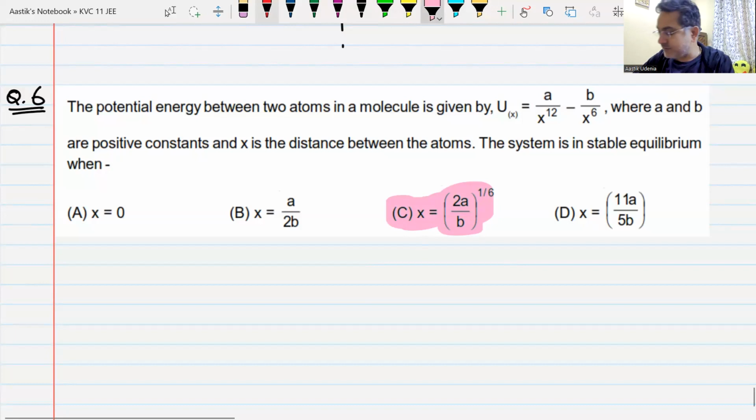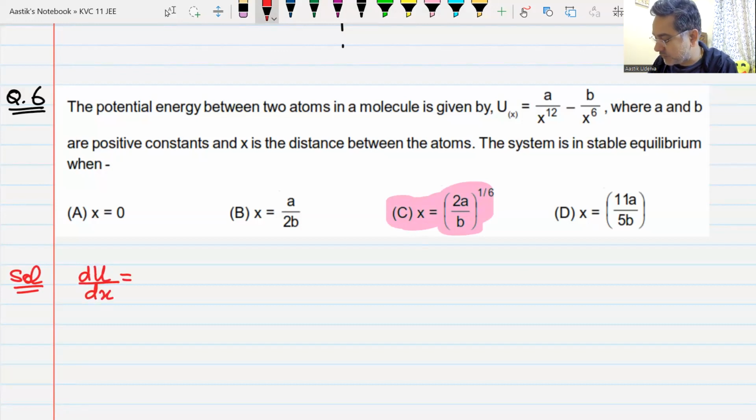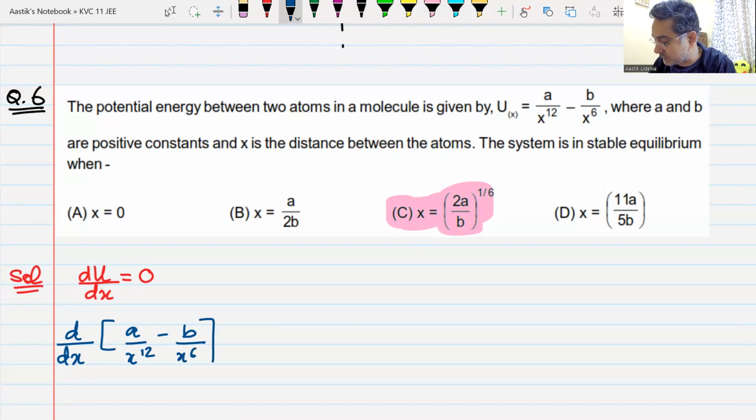And how do you get it? As you know, there is nothing that you have to do for finding out the condition of equilibrium. You have to just find out the derivative and equate it to 0. So you have to find out the derivative of a by x raised to the power 12 minus b by x raised to the power of 6.